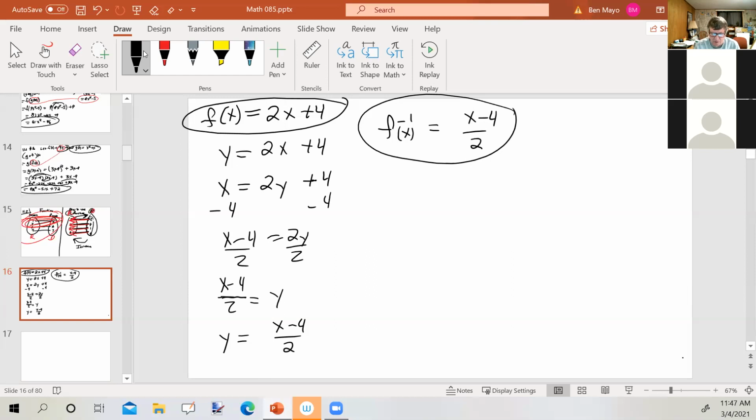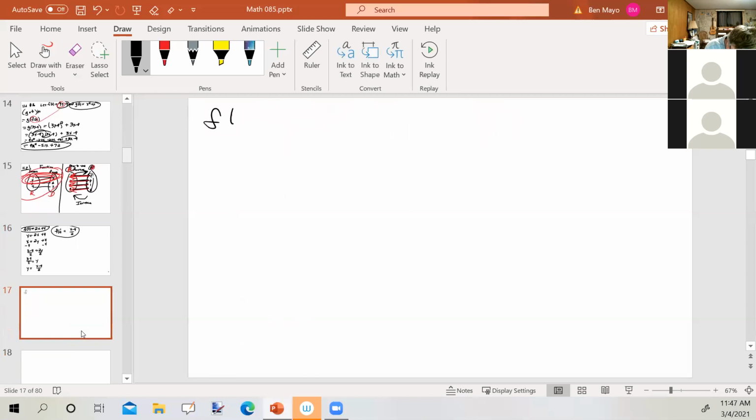And I'm going to go back and do some more examples in a bit, but I want to take this further. Okay. So let's go back and see what we can do here. Let's recopy those on the next page. So we've got f of x equals 2x plus 4, and f inverse of x equals x minus 4 all over 2.